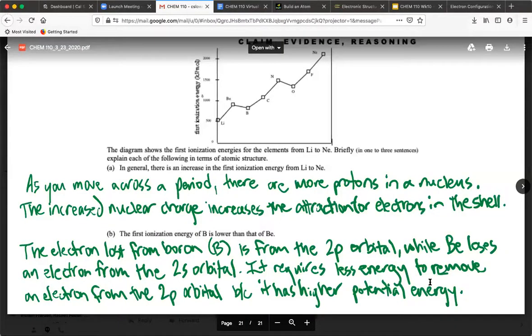This is an exception to the electron configuration rule. There aren't very many atoms that are exceptions; most of them follow the rule. The example we did in class was chromium and copper. If I go back.